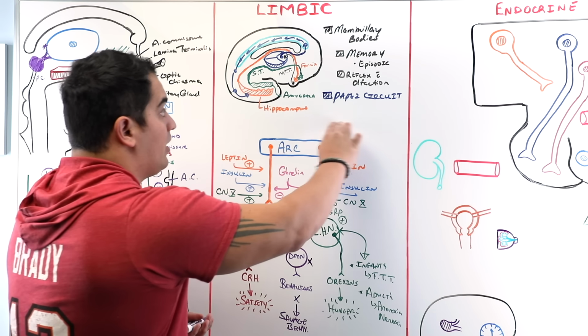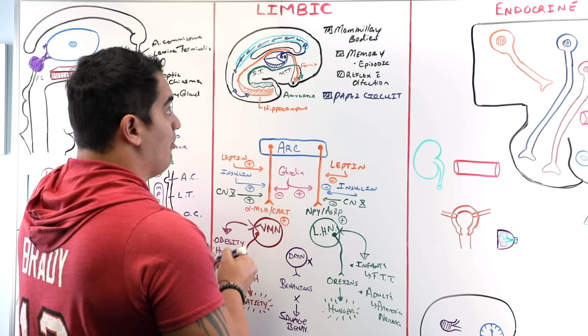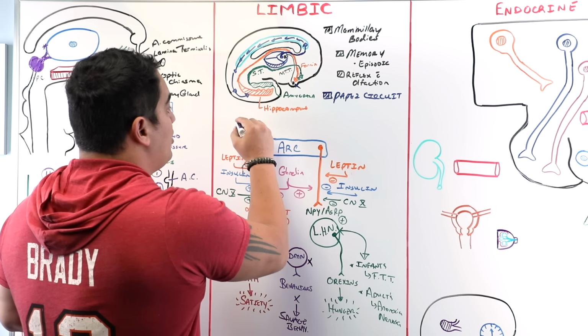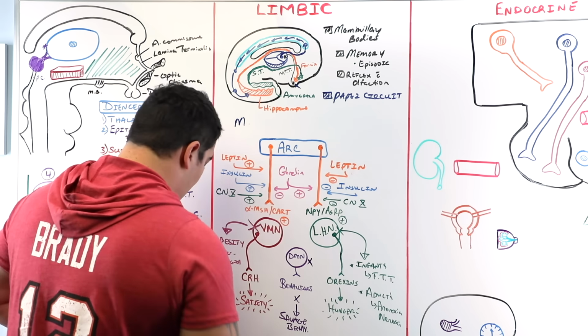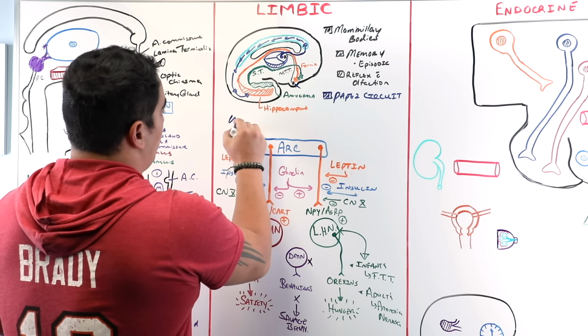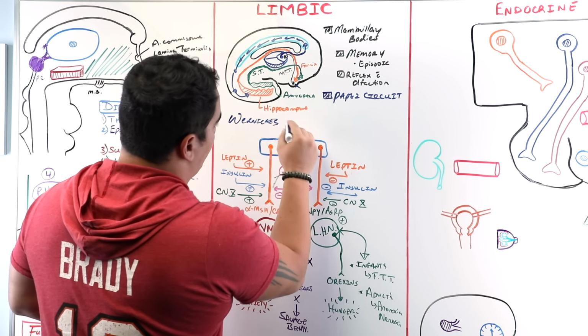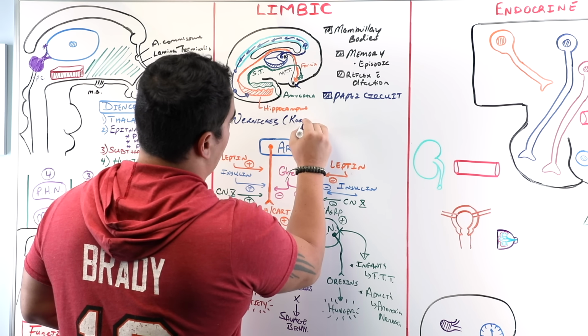And then again, to put into all the connections here, remember we told you mammillary bodies are very important for memory. If you damage the mammillary bodies, right, it can lead to a particular condition. What is that condition? It's called Wernicke's, right? Or particularly Korsakoff syndrome.